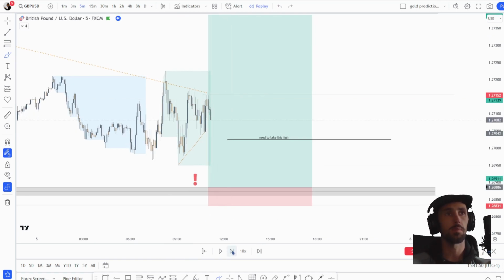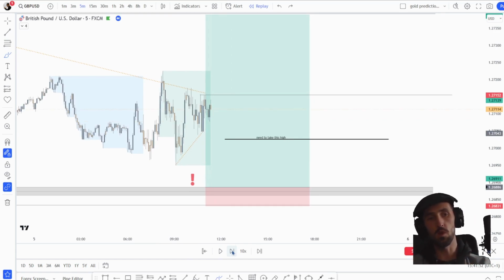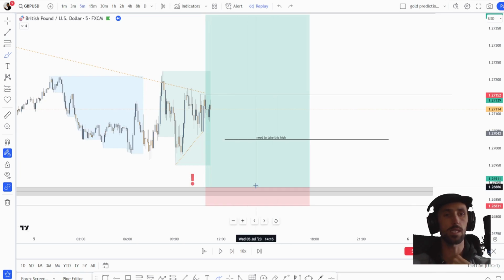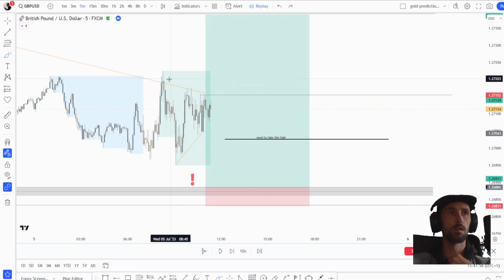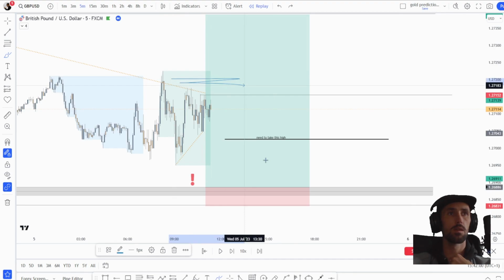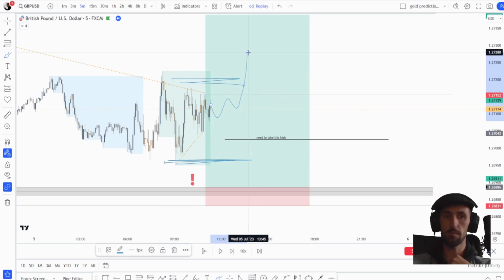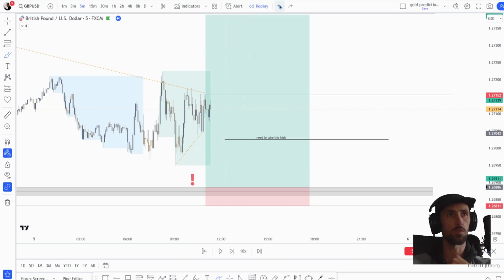Now, if we watch what happens here, remember what I've said before, guys. When you have liquidity in given areas, whether the liquidity is above here, whether the liquidity is below here, you're going to see quite aggressive expansions through that. Not all the time, but a lot of the time you are going to see quite aggressive expansions through that.